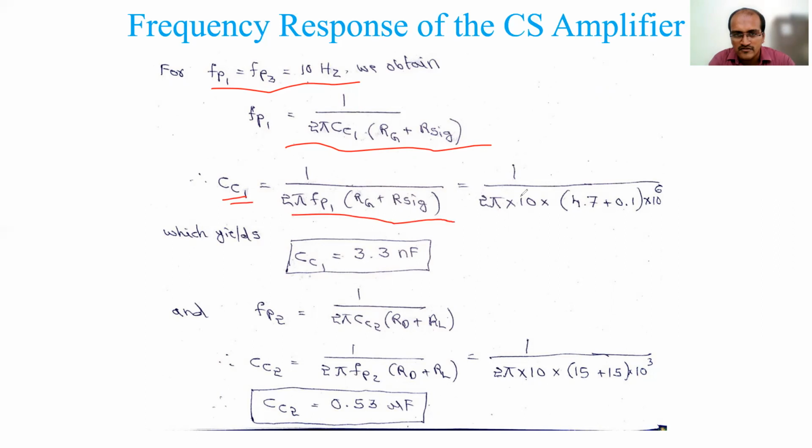So substitute the values now. 2π, FE1 is 10 hertz, then RG is 4.7 mega and R signal is 100 kilo ohm, which converted to mega is 0.1 mega. Both are added, and outside I have kept 10 to the power 6. Use the calculator again and you will get the value nearest to 3.3 nanofarad, 10 to the power minus 9.